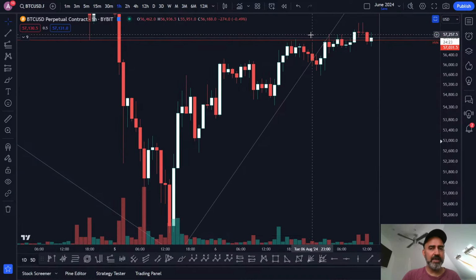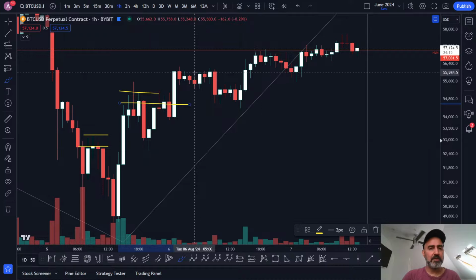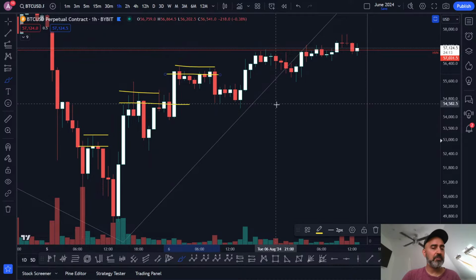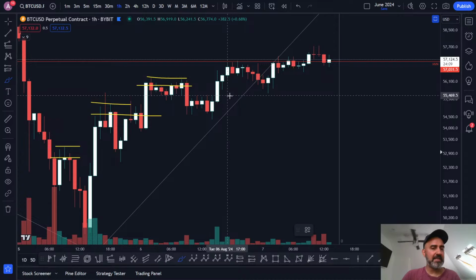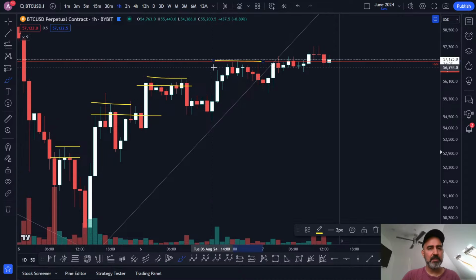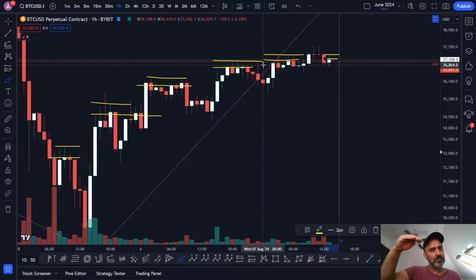So look at the highs of this range, and every time you see these green wicks in the highs, those are your sell places. In the highs, green wicks, in the lows, red wicks. Yeah, so it's pretty easy to observe. In the highs, you sell the green wicks. In the lows, you buy the red wicks.